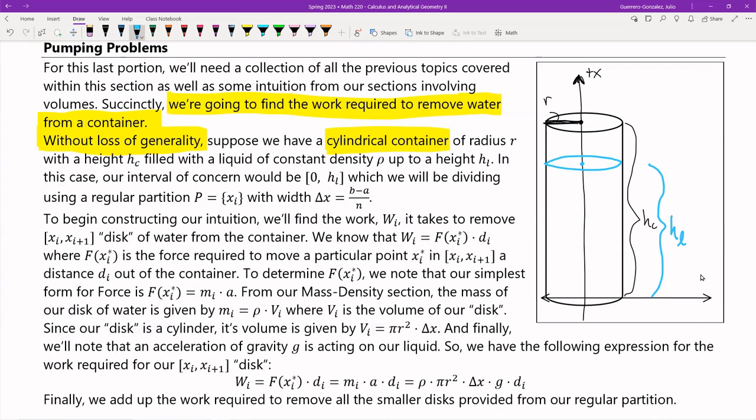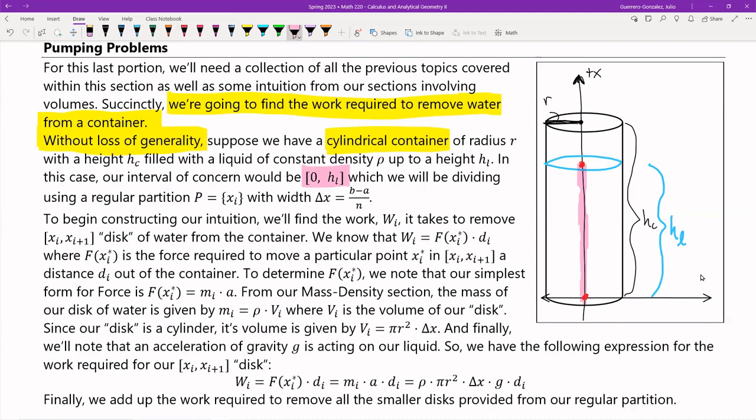Our interval of concern is going to be this interval right here from 0 to however high my HL is. That is this strip right here, from 0 to HL, all the way up to that red spot right there.